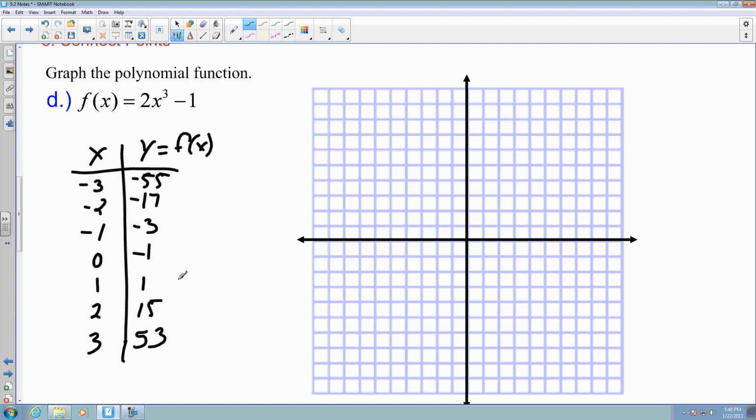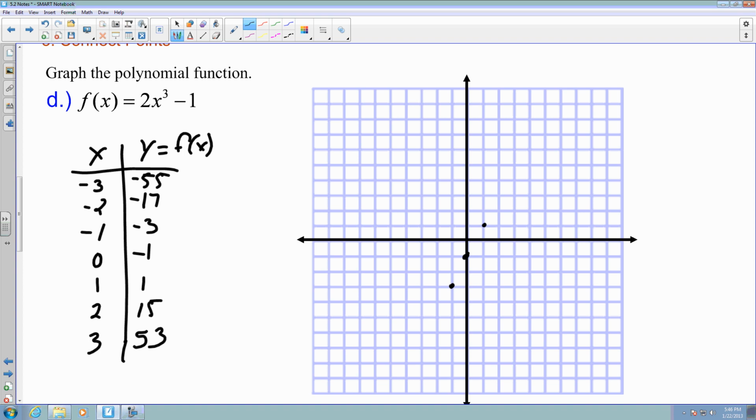Not all of these points can be plotted on this graph. I don't have enough room, but I can plot some of them. So I can plot -1 and -3. I can plot 0 and -1. I can also plot 1 and 1.